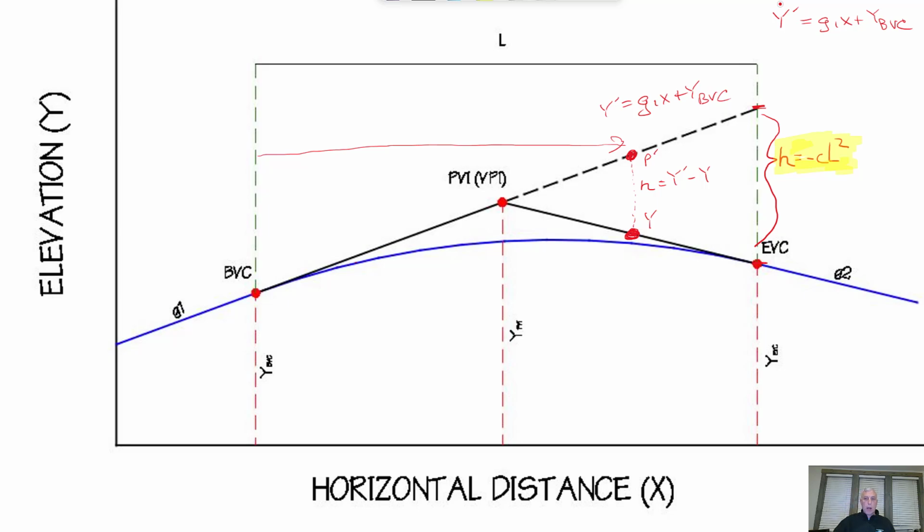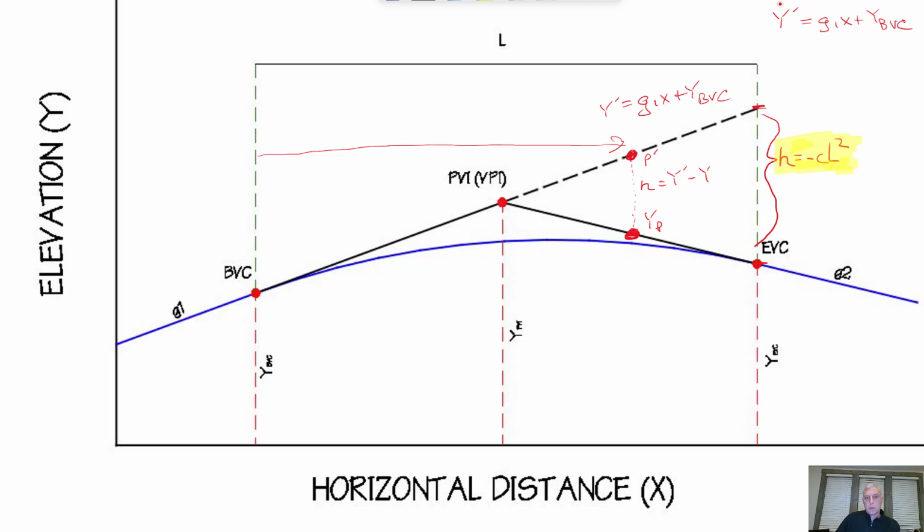So if we can figure out the elevation of y at, we'll call it P, then we can perform that subtraction. All right. So let's start with the elevation of the PVI.